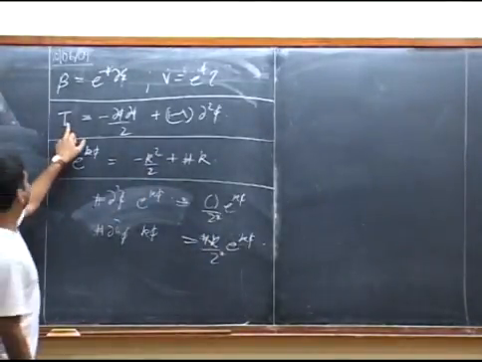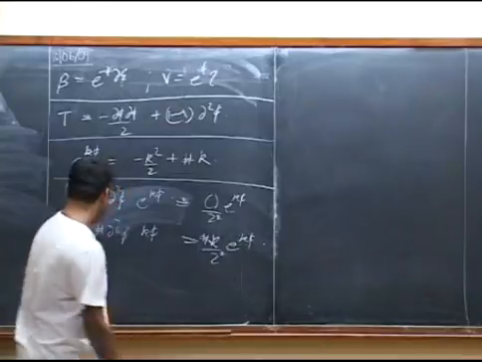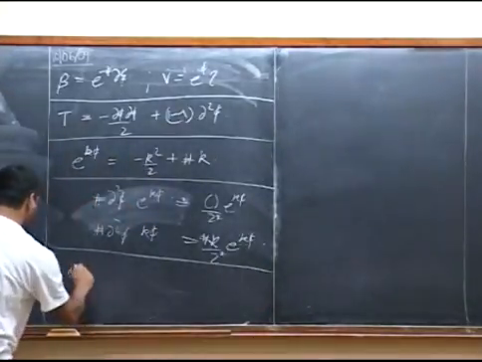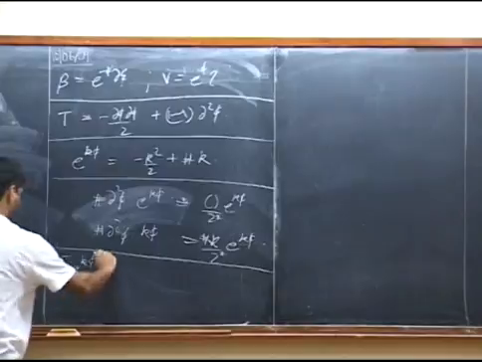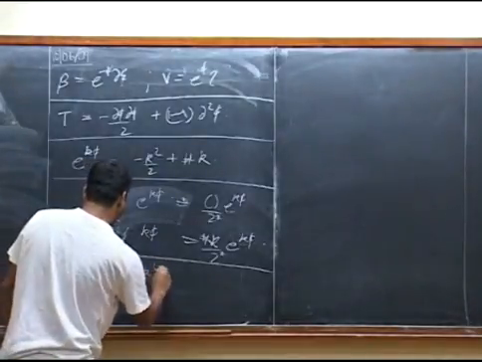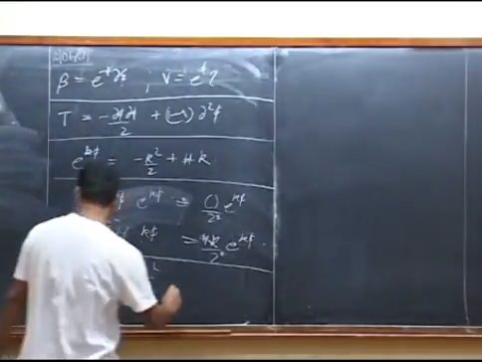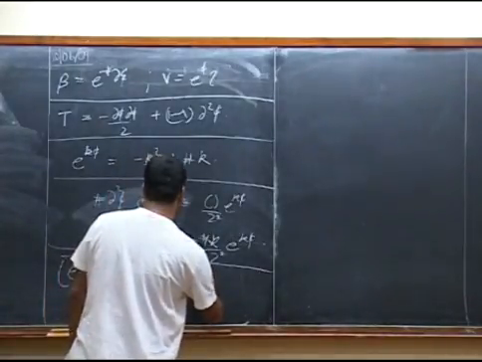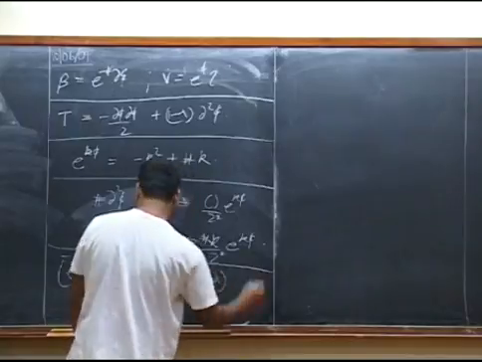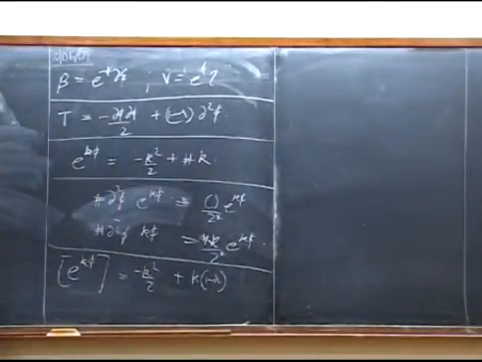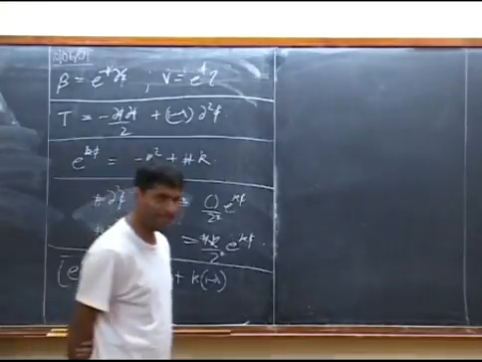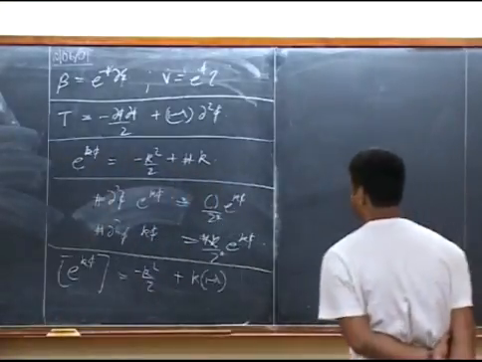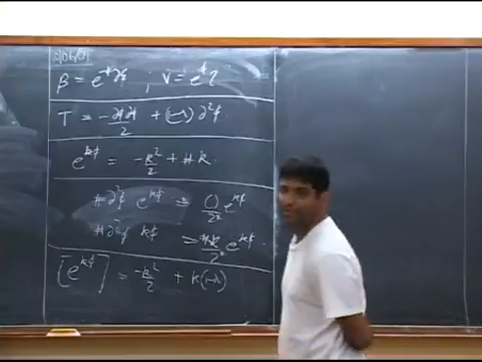So if your T has this object, then we've just concluded that the dimension of e to the power k phi is equal to minus k squared by 2, plus k into 1 minus lambda. In our situation, k is either plus 1 or minus 1.